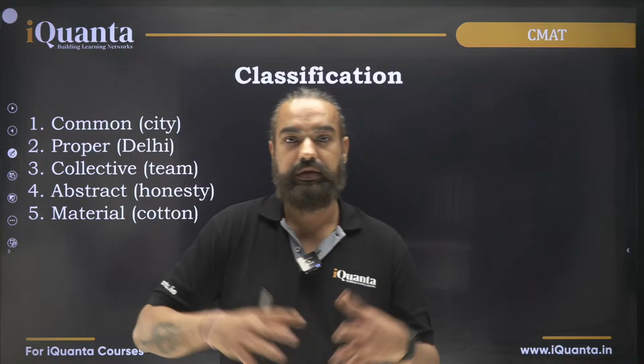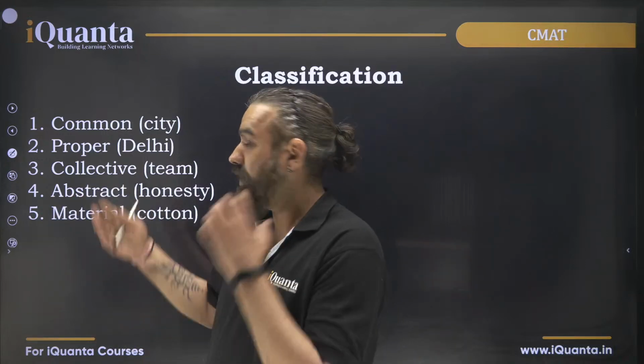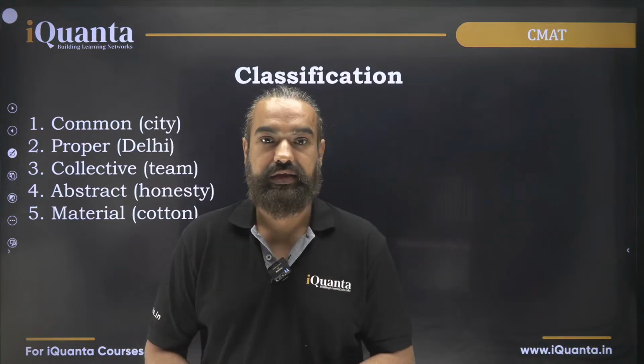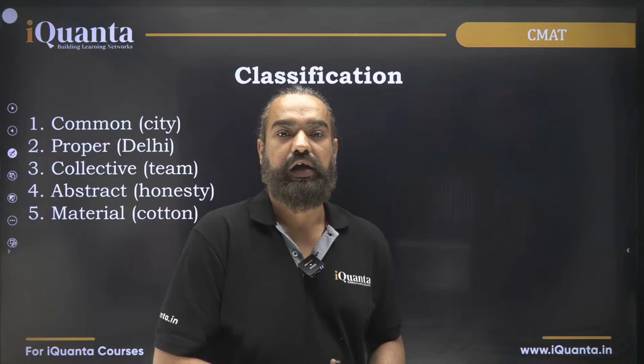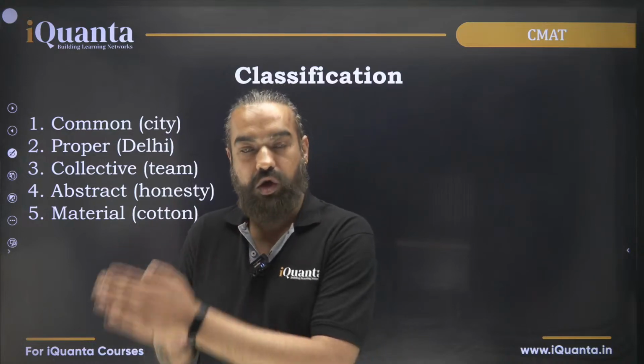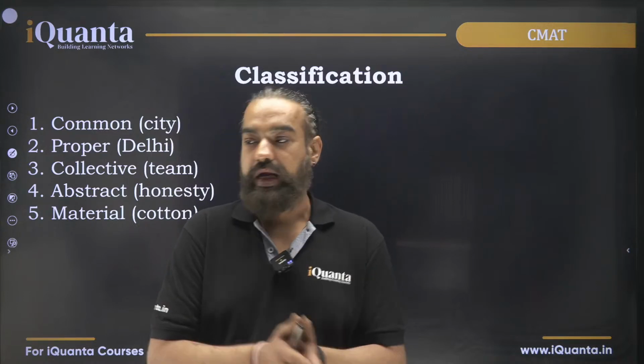Then you have collective noun. Collective nouns is when things are in a collection. For example, a team of players, an army of ants, a school of fish, a flock of sheep. Now out here, school, flock, army, all these are nouns. All these are collective nouns. Right?